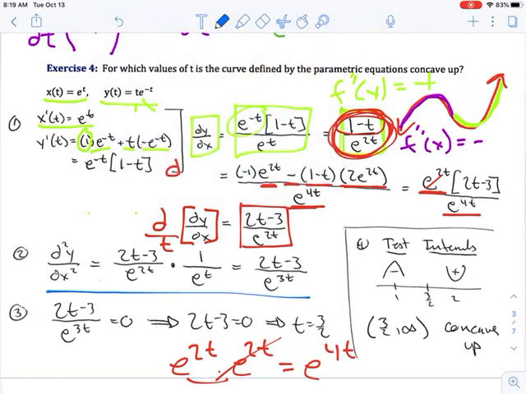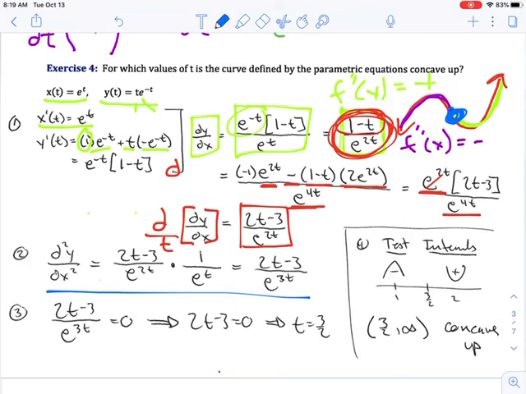All right, once we have all that, what do we need to do to determine concavity? Well, the point of inflection is the point on the graph where the concavity changes.